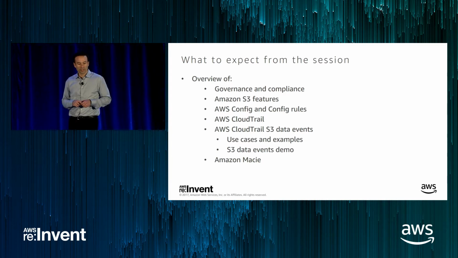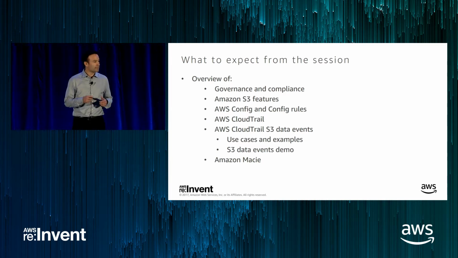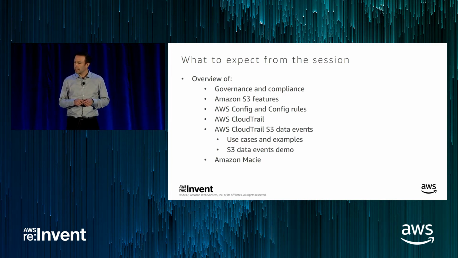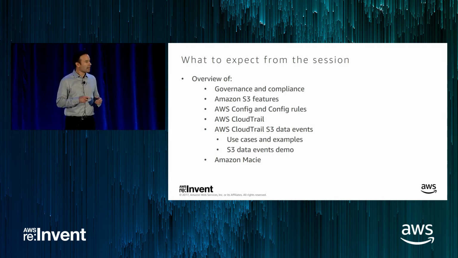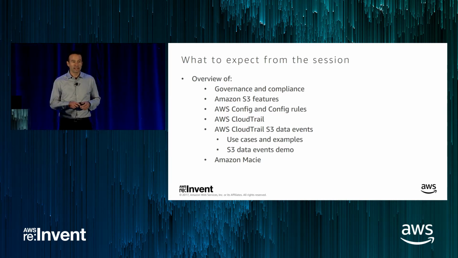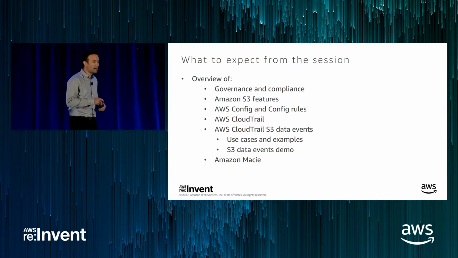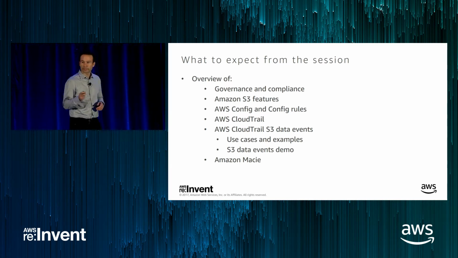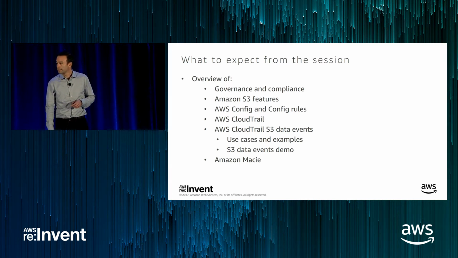In particular, we'll look at S3 data events. We'll go through some use cases, some examples. I've got a demo here that we can follow along with, and then just a brief introduction to Amazon Macie. And then if we've got any time left over, I'll definitely make myself available for any questions that you may have.